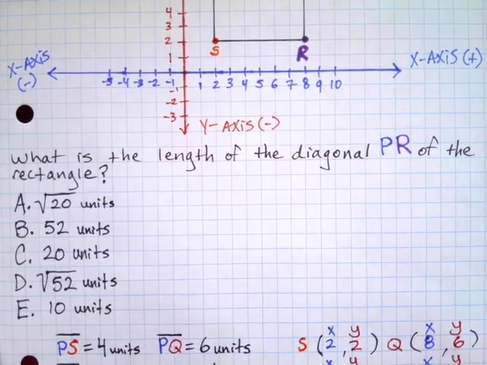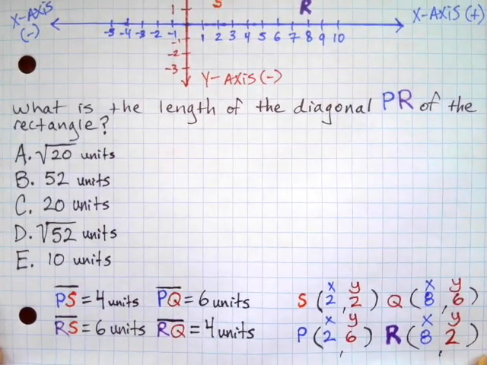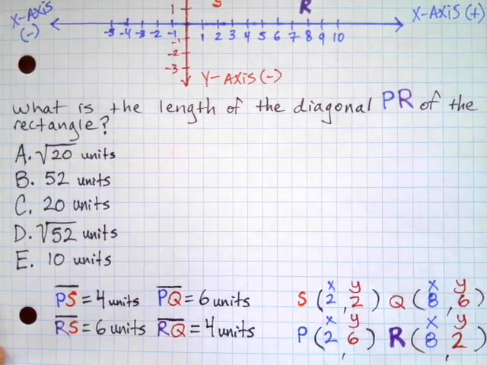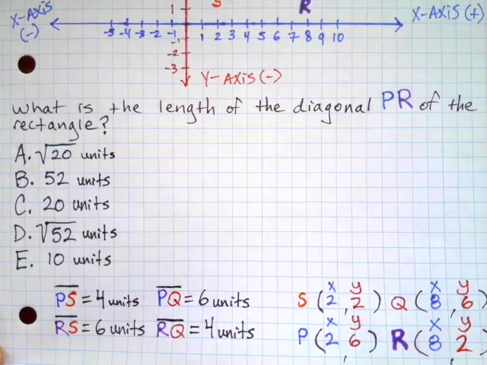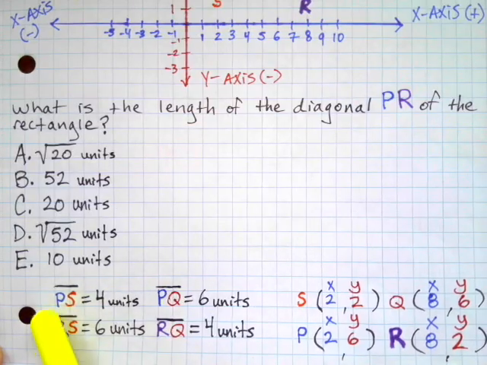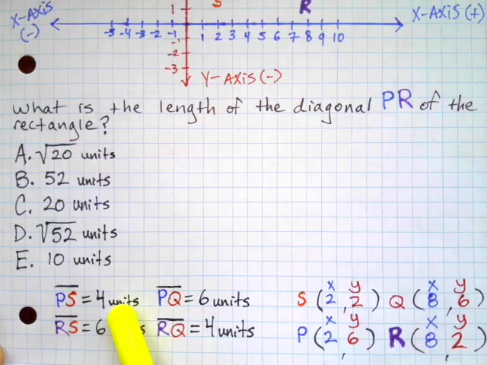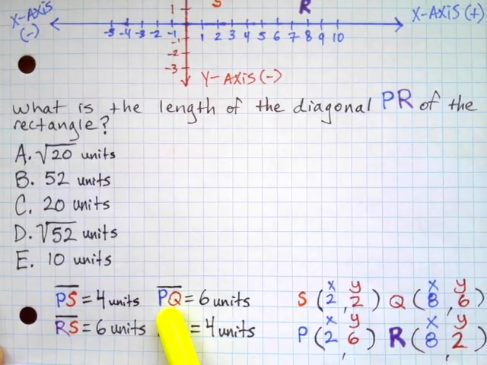Now what I'd like to show you here, and of course you can pause the video at any time and take down this information. I can't sit here and go over this for too long, but line segment PS is 4 units, and you'll see on the next 2 videos how I label it.